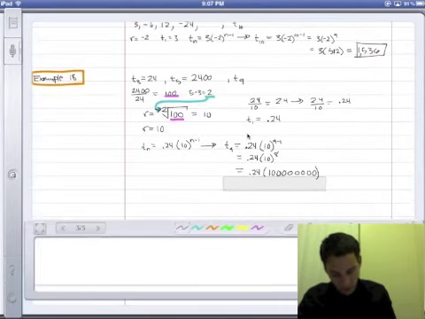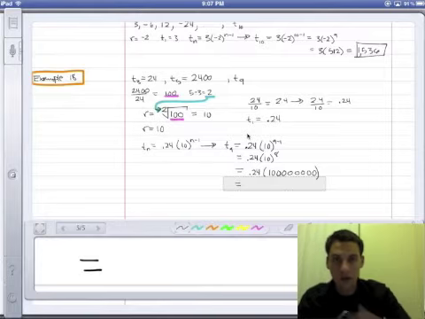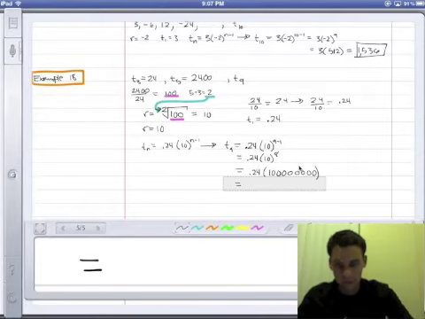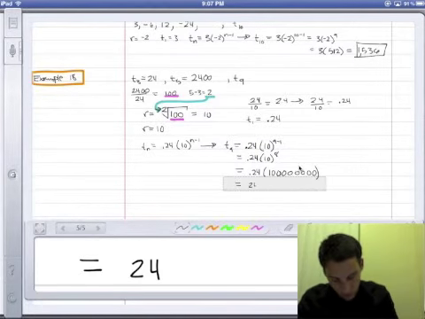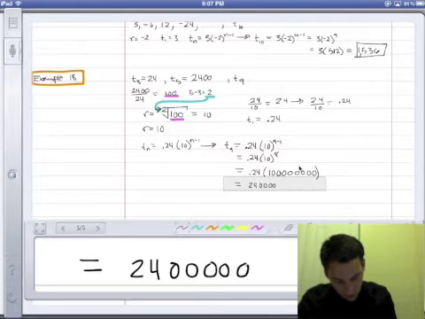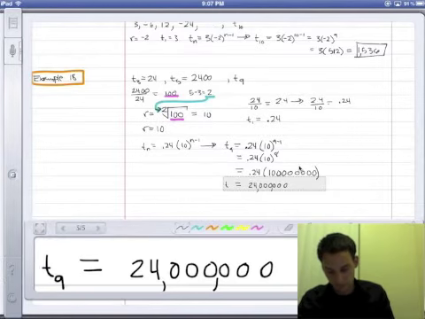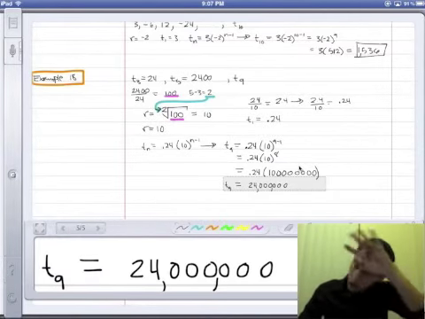Which just means move that decimal place over 8 times. So I'm going to have 2, 4, 1, 2, 3, 4, 5, 6. Whoa. That's my ninth term. Woo!